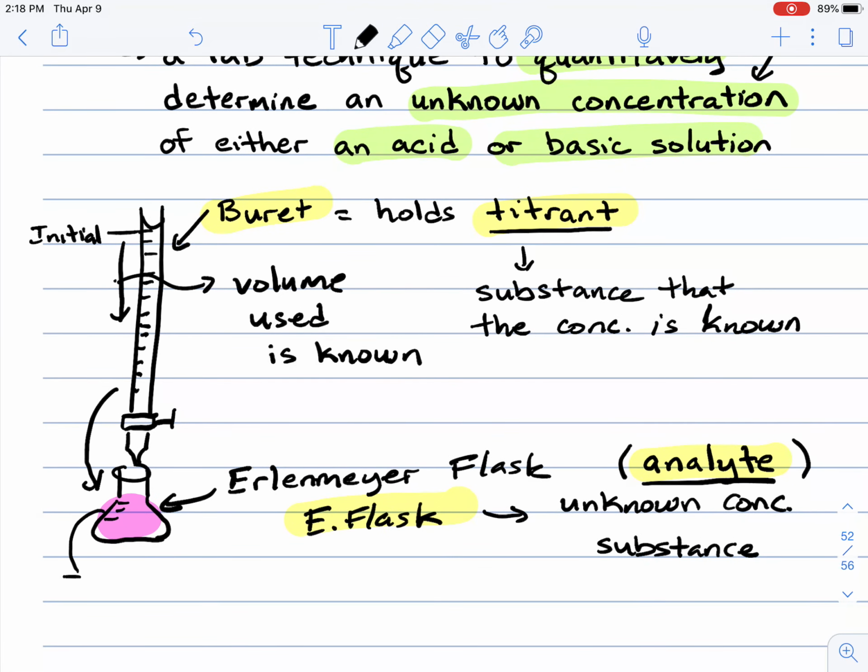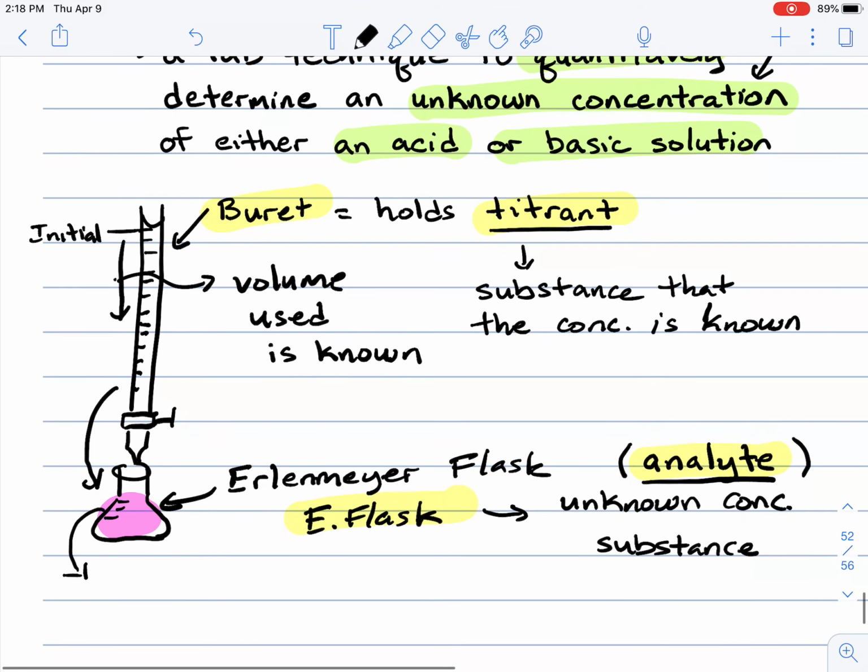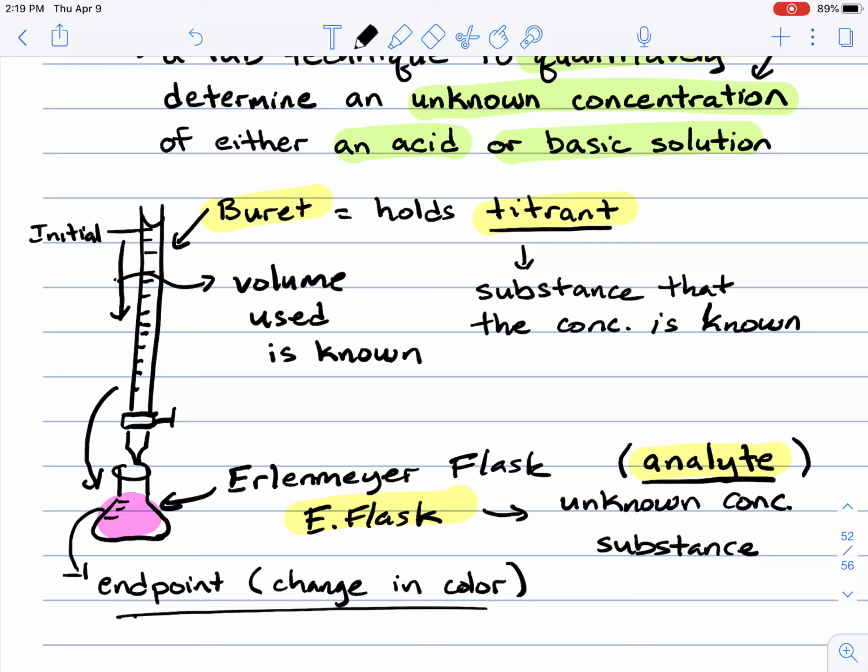But once you get a change in color, let's just say your indicator is phenolphthalein, and the solution will turn from colorless to pink, then that's going to mark your endpoint. So you have a change in color, and this is a physical cue to let you know that the reaction has been completely neutralized.